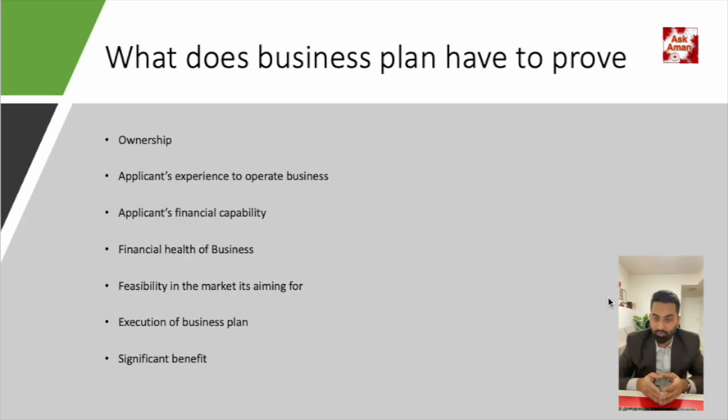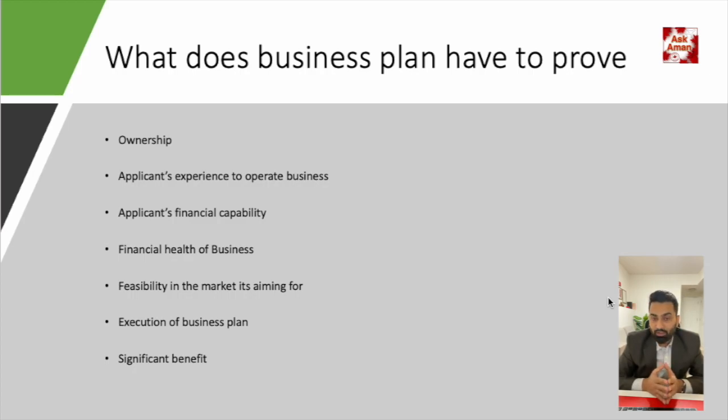Then the execution of the business plan. Execution basically means that you provided them the market plan, your business plan, your financial data, and your projection for the next 4 to 5 years, but there is no clear pathway on how all of them are going to be executed, and the type of people who are going to be required to execute it. There is no clear information in your business plan on how all of those people are going to come together to make the business plan a reality in the field.